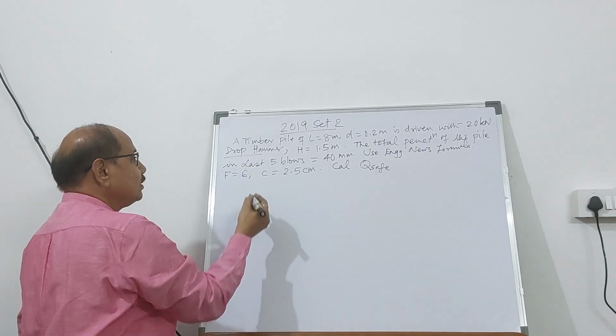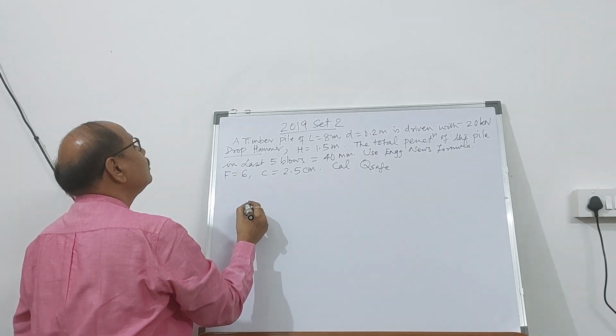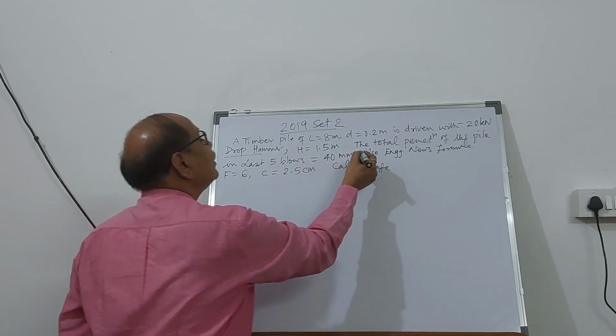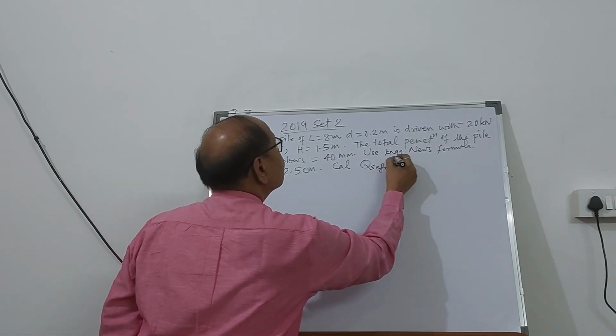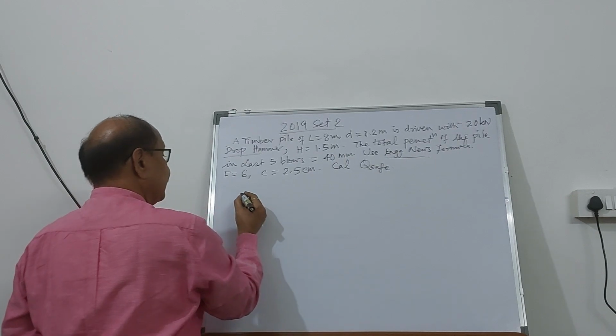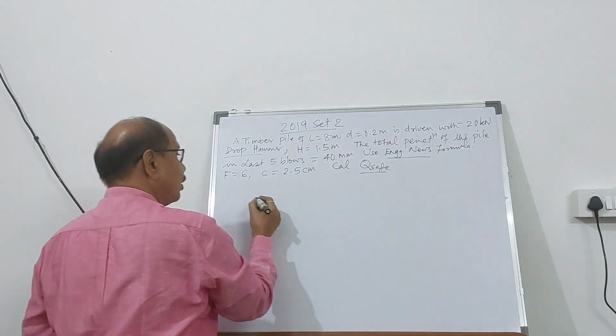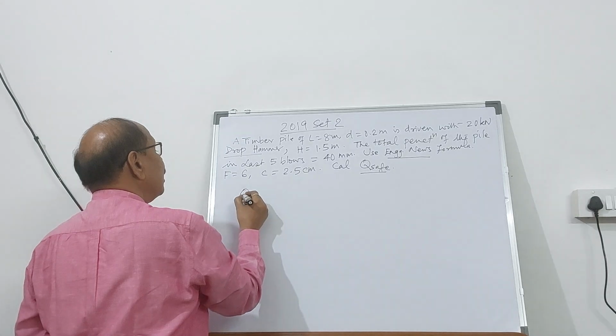Now if you look at this problem, you have been given that you have to use this formula. In the engineering news formula, you have the formula for Q safe or Q allowable.